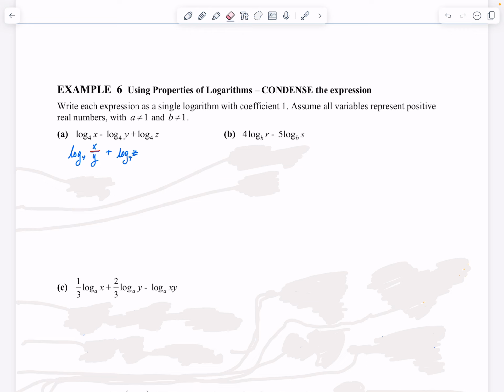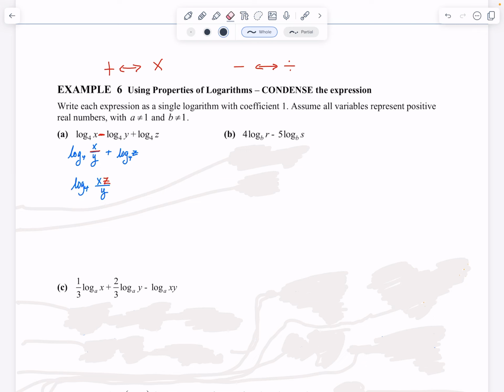Notice I don't do it all at one time. I just did my division part. I just did the minus first. Now, what is the plus? Remember, plus means multiplication. So that's what we're going to do. All right, so we are going to multiply. So I'm just going to put that on top.